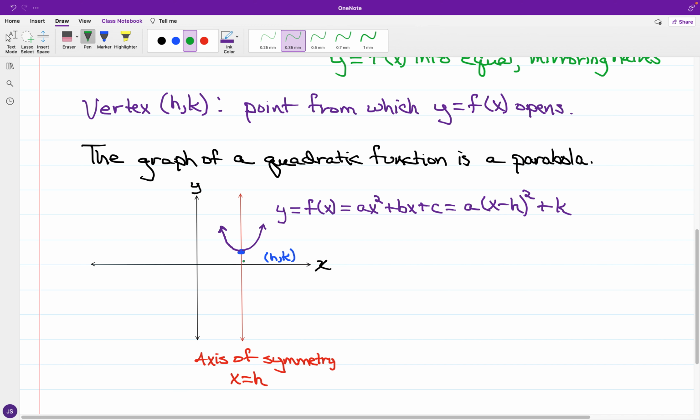And if you notice, from the vertex, you had the graph opening upward. In this particular case, this is where a is positive. And again, you have that f of x is opening up from the vertex. Again, we're still looking at the same a.